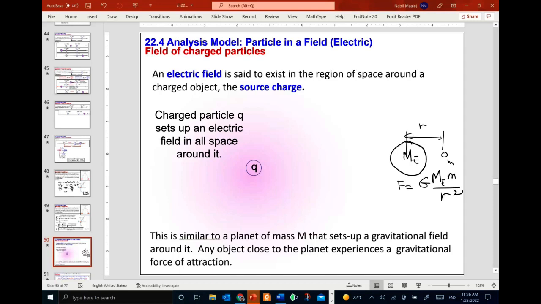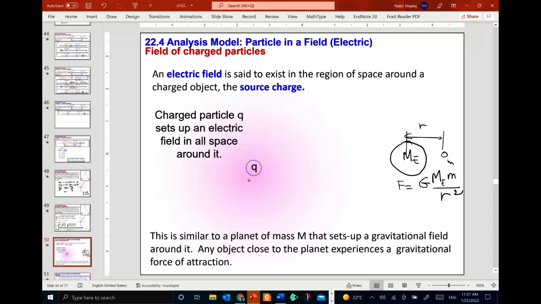Same thing: a charge will set up an electric field, and the way we experience the electric field is that we bring another charge, a test charge Q0, and place it, and it will experience a force. Except it can be a force of attraction or a force of repulsion. Gravitational force is always a force of attraction.